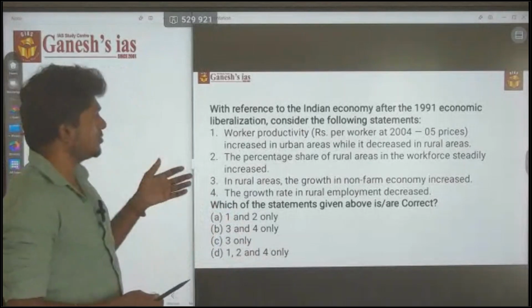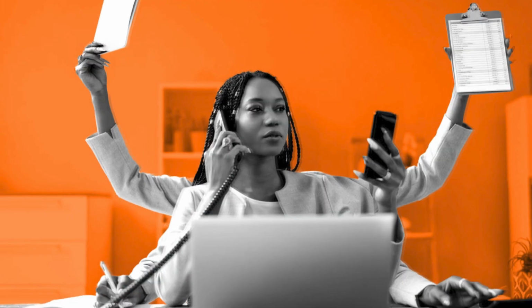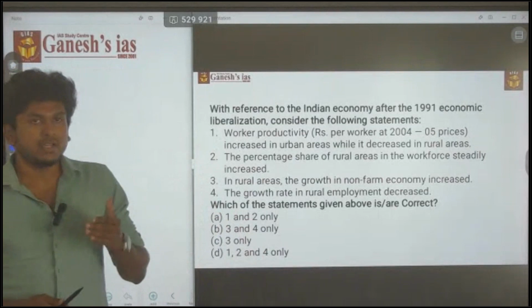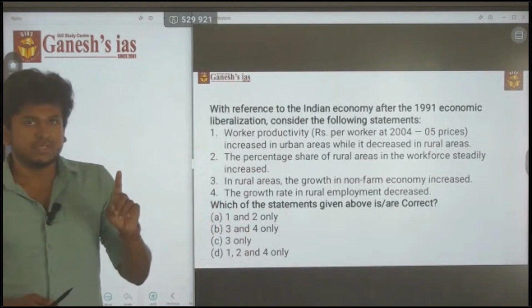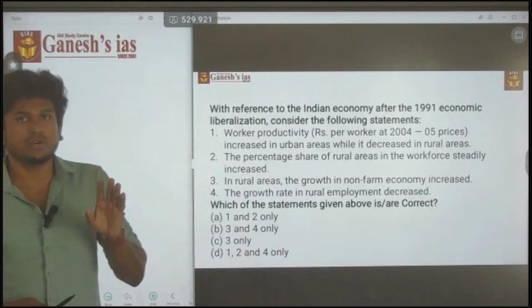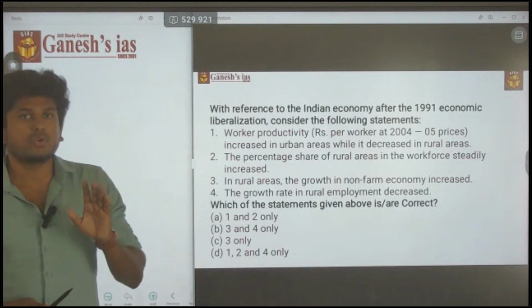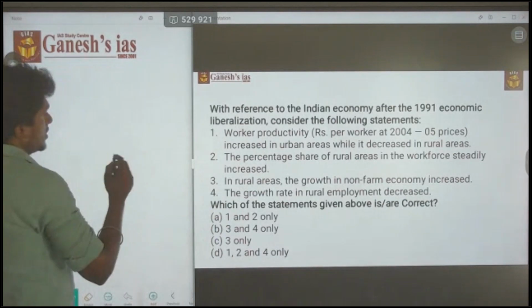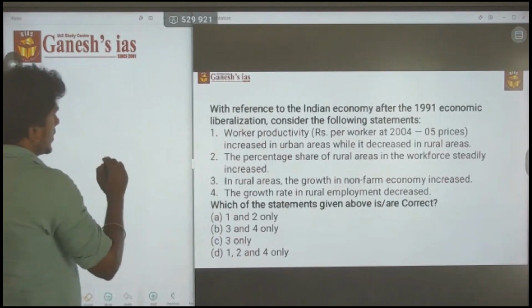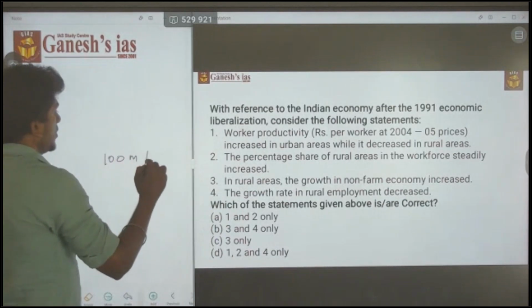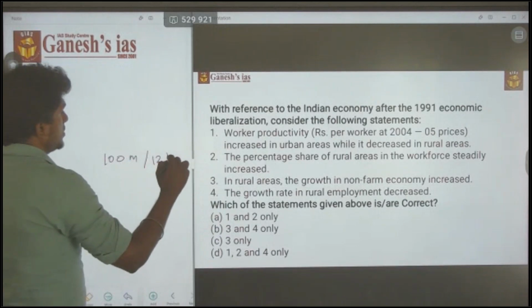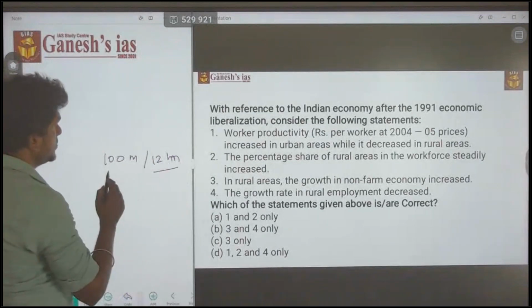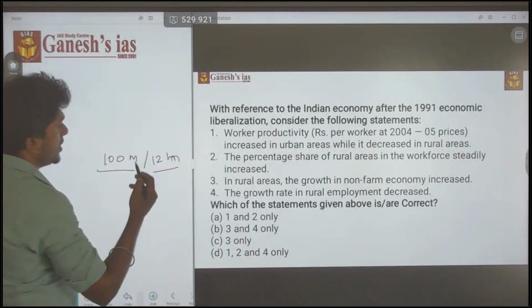Then go for the first statement: worker productivity. First of all, what is worker productivity? Consider that a person works for 12 hours in a mill and produces 100 meters of cloth.